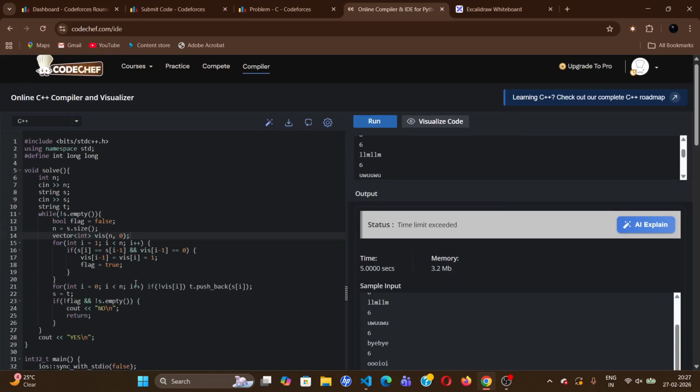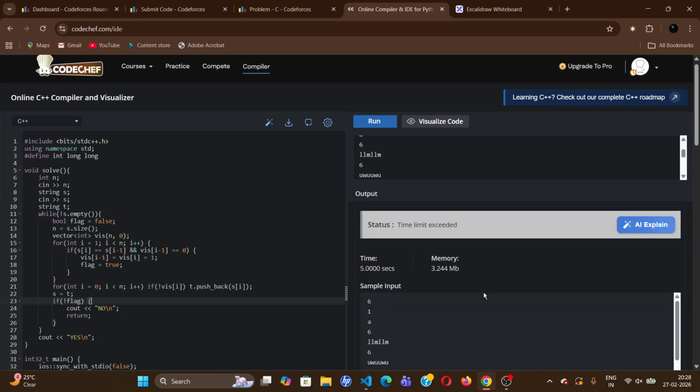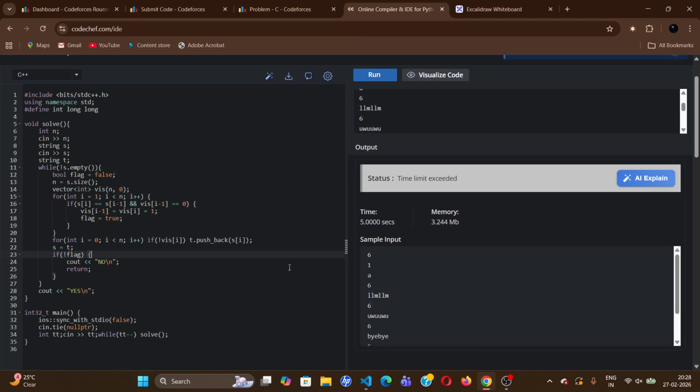Time limit exceeded. Interness t flag equals to false.